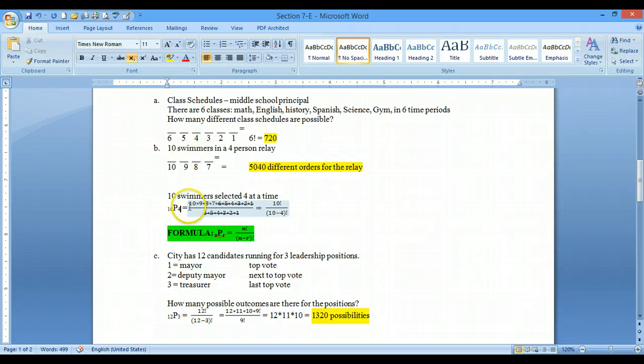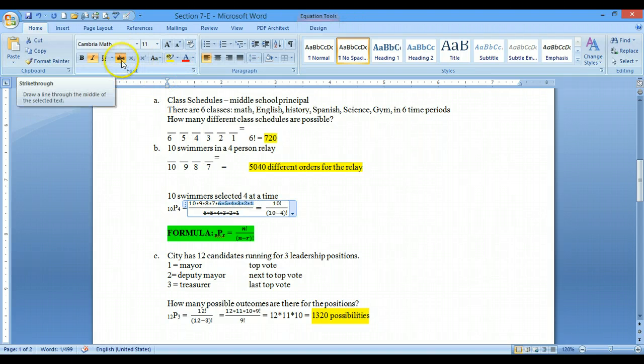So this is what it looks like. 10 permutation 4 is 10, 9, 8, 7, 6, 5, 4, 3, 2, 1. And the difference between these is 6, 5, 4, 3, 2, 1. And these dividing can be canceled out by using the strike through function.